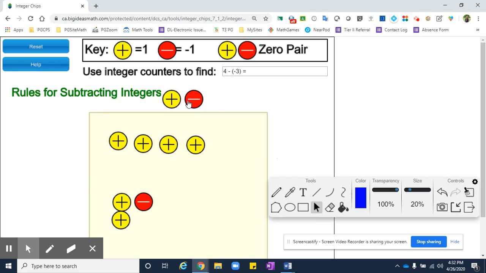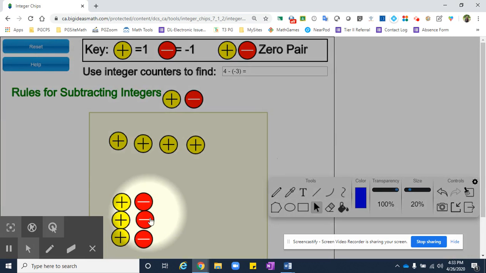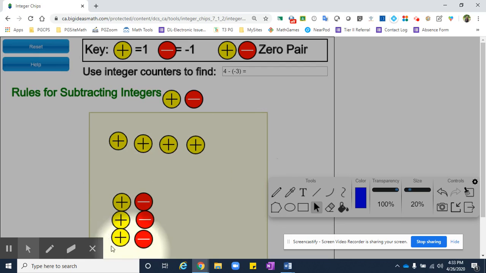So add another 0 pair, so we can take away 3 reds. We still have 2 reds, so add a third 0 pair. So we got 4 plus 0, 0, and 0. All these are 0, so 4 plus 0 is still 4. Now, can we take away 3 negatives?